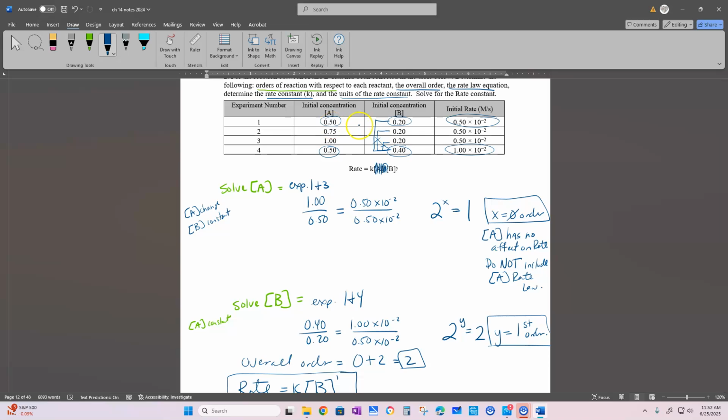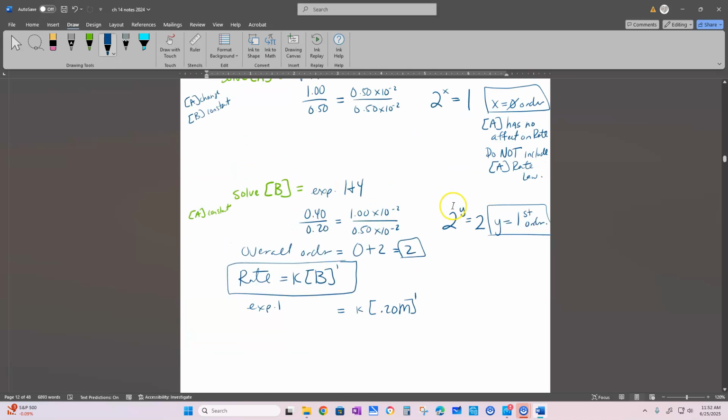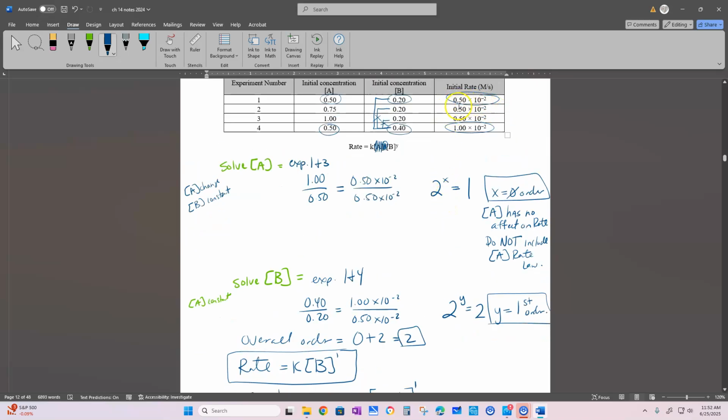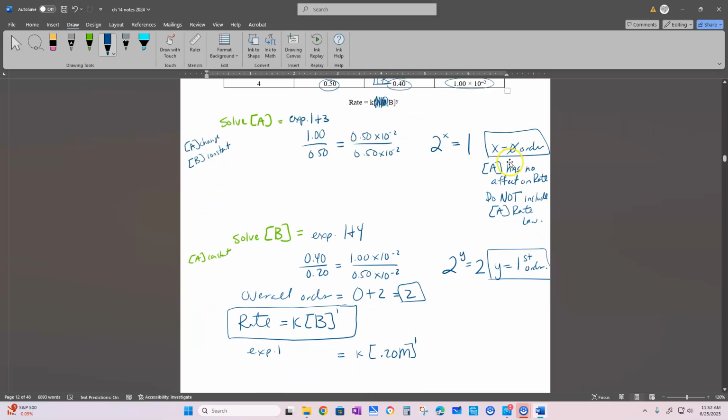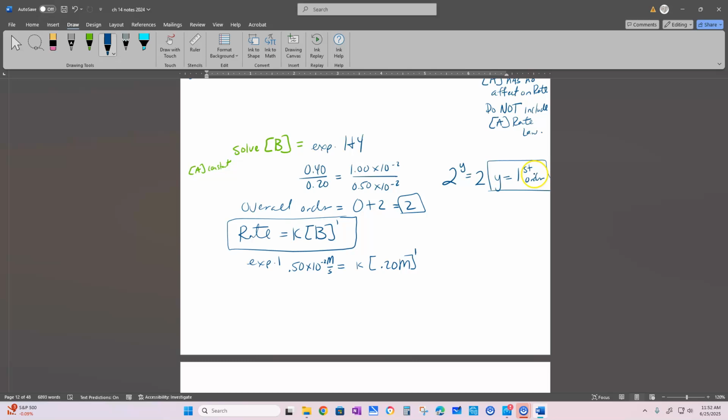I don't care about A because A has no effect, but I'm going to need that number for B. So k, and then my concentration of B was 0.200 molarity to the first power, and then my rate, 0.50 times 10 to the negative 2. And remember, rate is M over s.